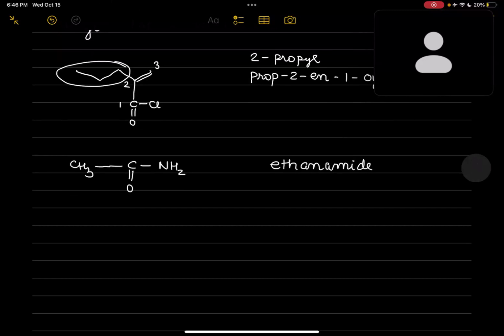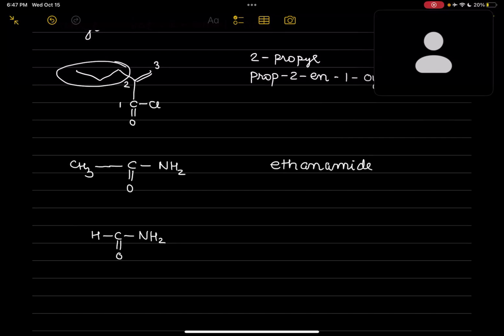Which is the smallest amide and what is the name of that smallest amide? Methanamide. The smallest amide, CH3, or which is just of one carbon atom. So, Maha, what is the name? Methanamide. Yes, it is the amide of formic acid.